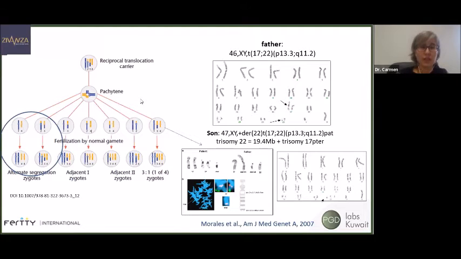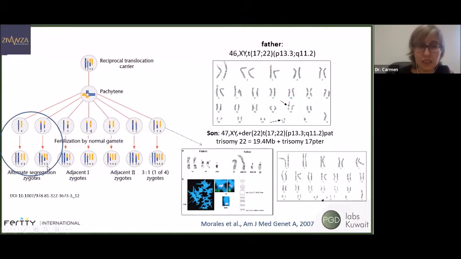So how does this work, more or less? For example, in this case, I put an example of a patient carrier of a reciprocal translocation. These patients naturally have chances of having normal babies, okay? Because they can produce normal gametes, normal eggs and normal sperm, that after fertilization will give normal or balanced embryos, completely normal.